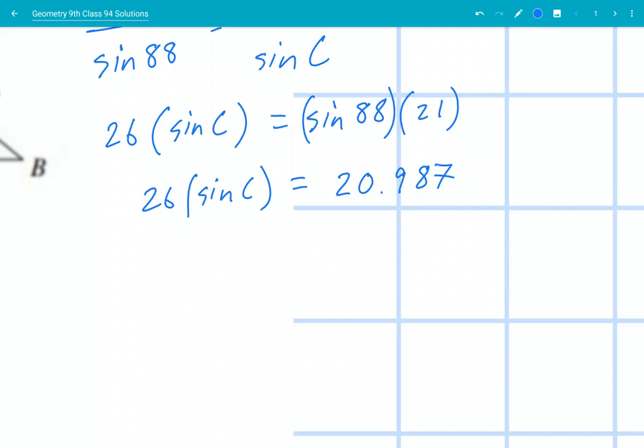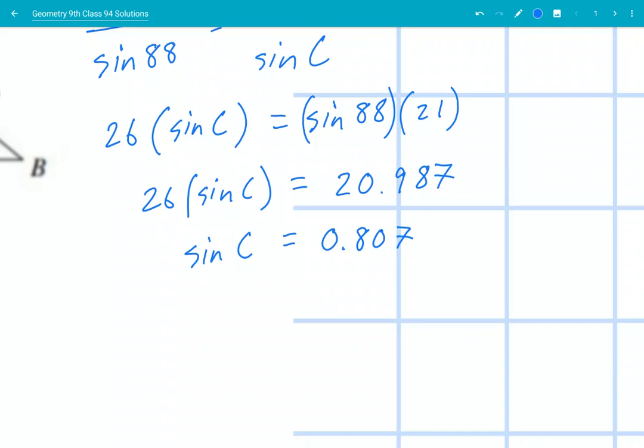So on the left, when you divide by 26, you get sine of C equals, now that big number we got, 20.987 divided by 26, you get 0.807. Now inverse sine. In other words, shift sine, both sides.